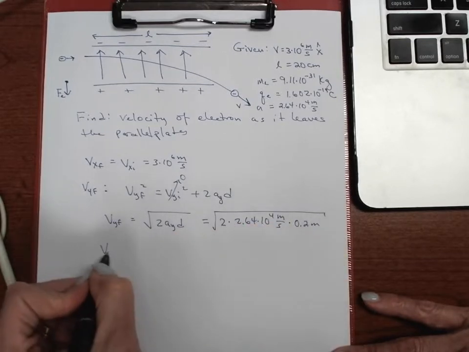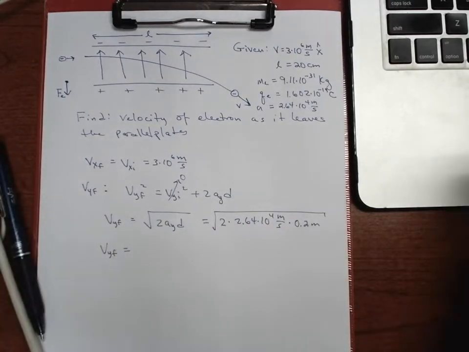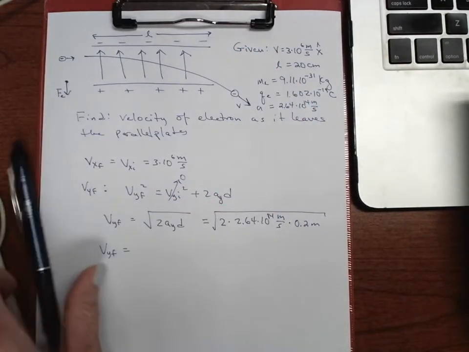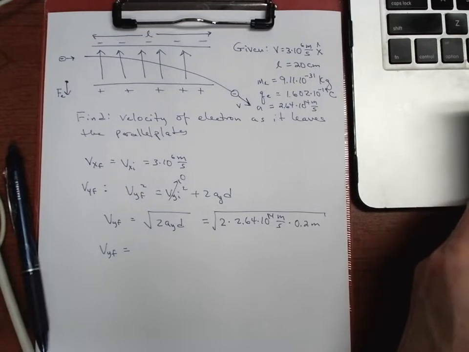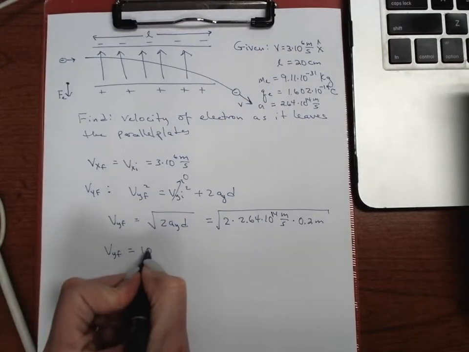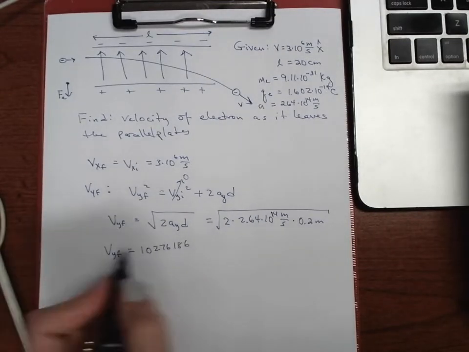I haven't multiplied that out yet, so I'm just using my calculator. 2 times 2.64 e to the 14th, times 0.2, take the square root of that, and I get about 10,276,186 meters per second.